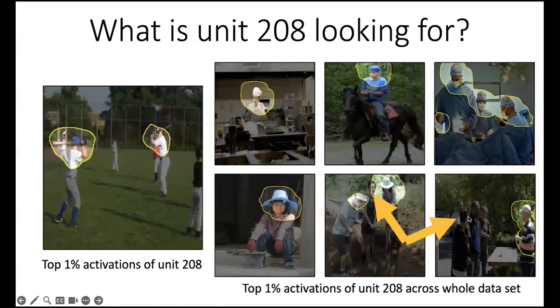Hats. Yes, hats. Actually, I found this unit because I had a program to automatically annotate what units are looking for. My annotation said, oh yeah, this is looking for heads, tops of people and things like this. But it was not very good at it, so it took me a while before I went around and looked at this unit.